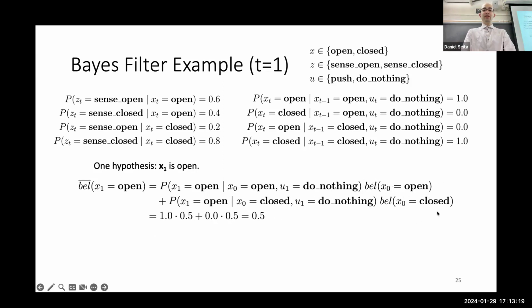The prior is uniform, so it's 0.5 for both. If you do nothing, you should go from open to open with probability 1. If you do nothing and go from closed to open, that shouldn't happen by assumption. You do nothing, the door at the prior time step is closed, it should not be open. So it has 0 probability.